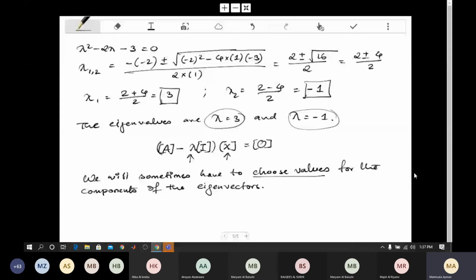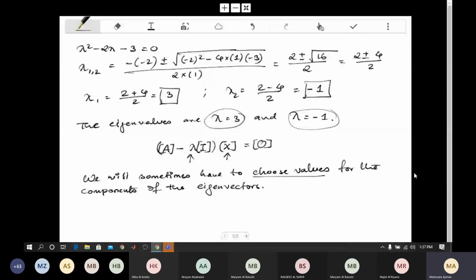Now, this doesn't really matter or affect anything, because the solution we find by doing this only represents the form of the eigenvector. The eigenvector we get by choosing values is a form of the eigenvector for that eigenvalue.